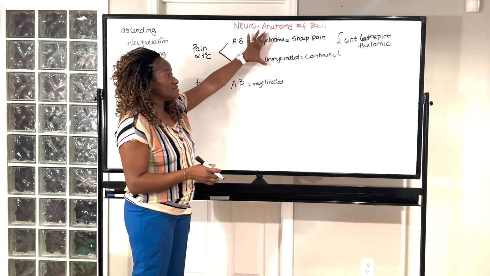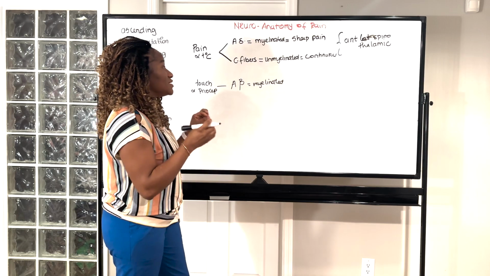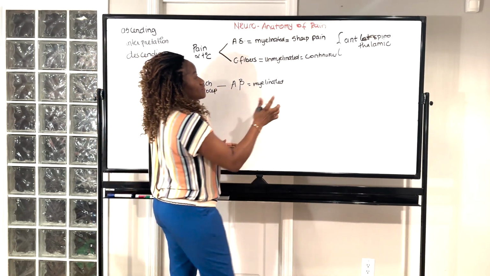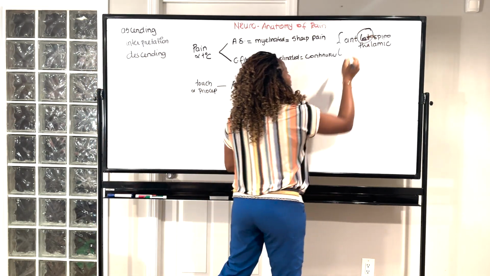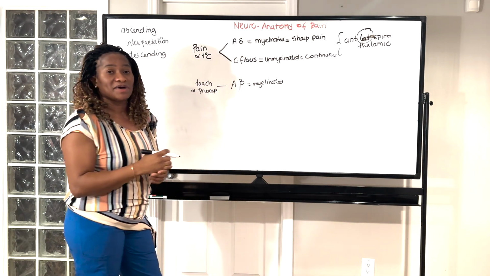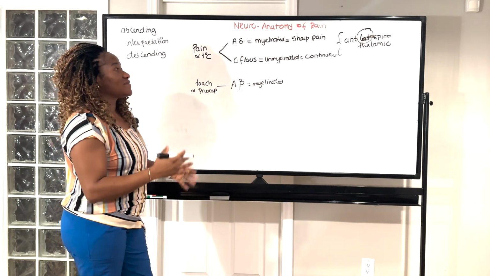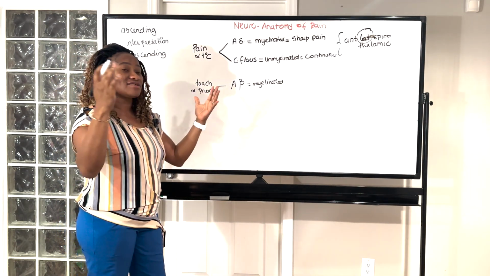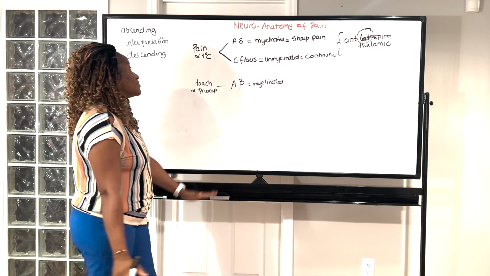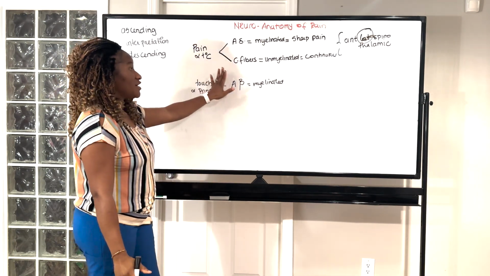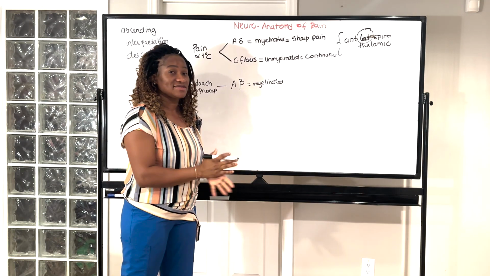But mainly, these two fibers are going to be focusing on the lateral part of the anterior lateral spinothalamic tract. Because the anterior lateral spinal tract contains a group of fibers, but the pain and temperature fibers are going to run on the lateral side.